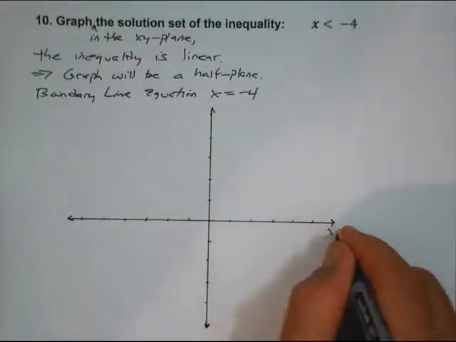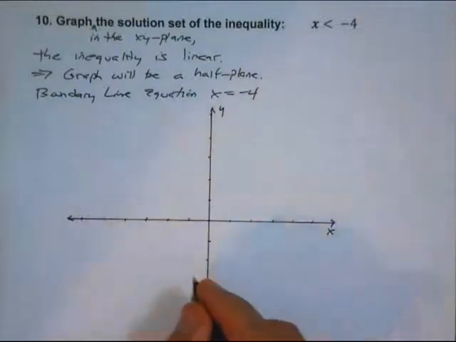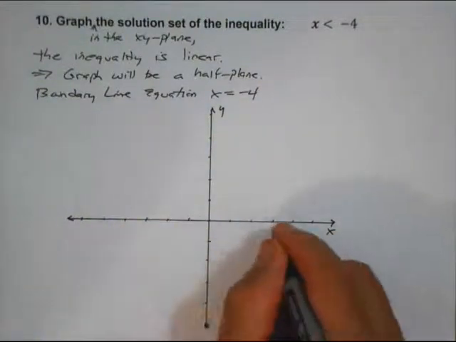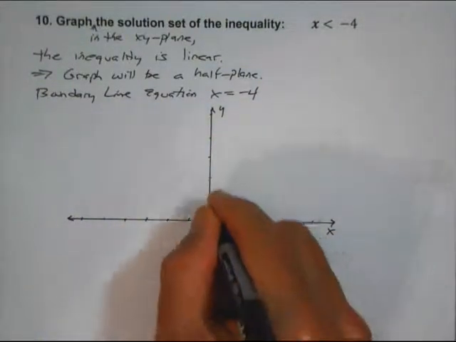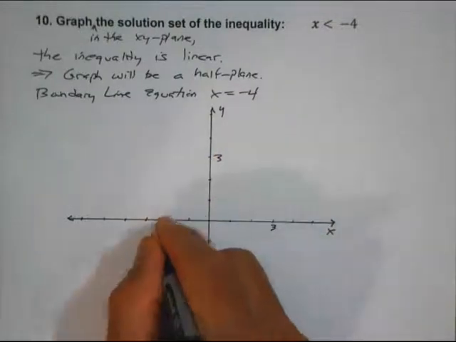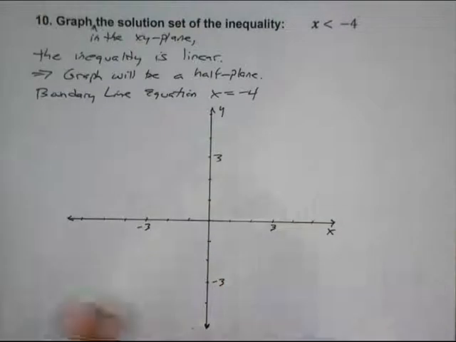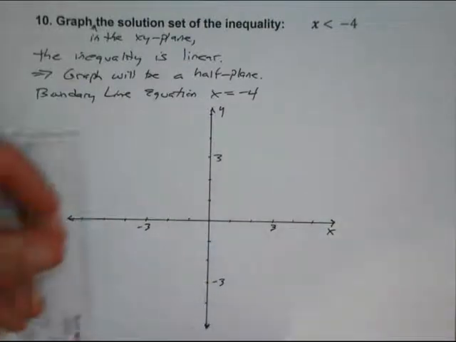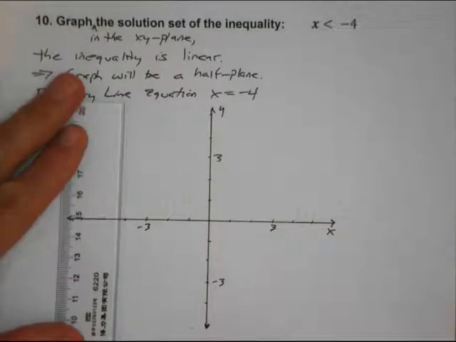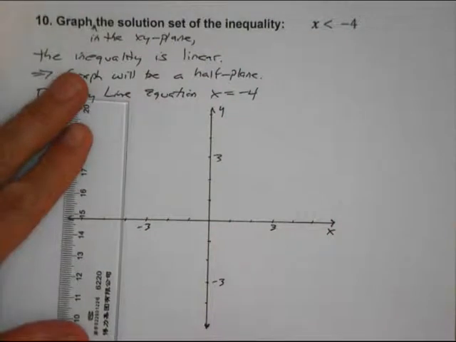Labeling axes, x, y. Scale the axes, 3, 3, negative 3, negative 3. Okay, a contrasting color for the graph of the boundary line, x equals negative 4, a vertical line about here. Question is, solid or dashed?